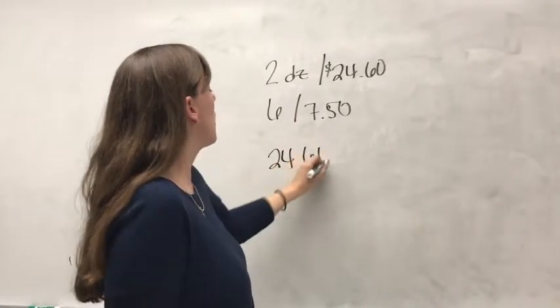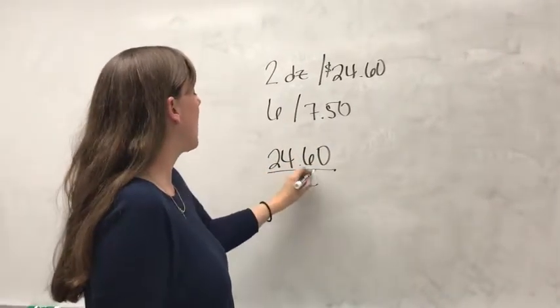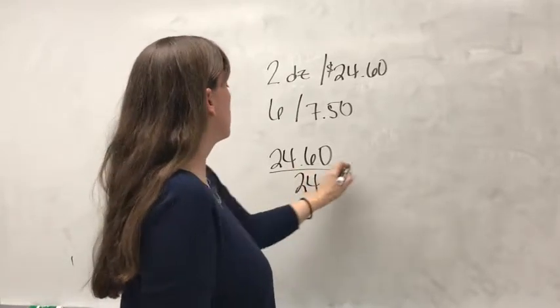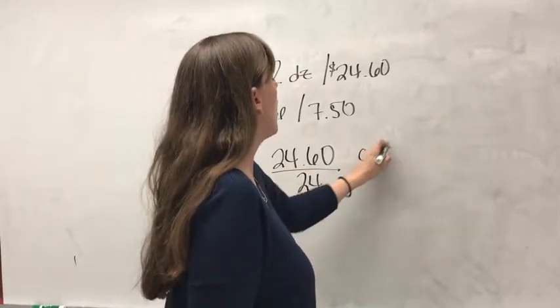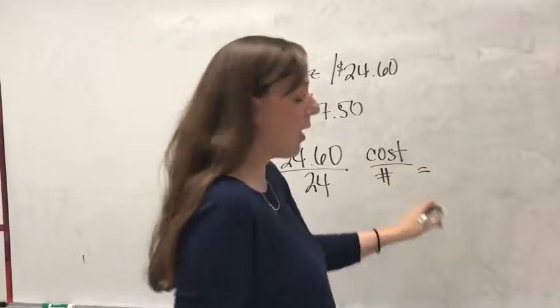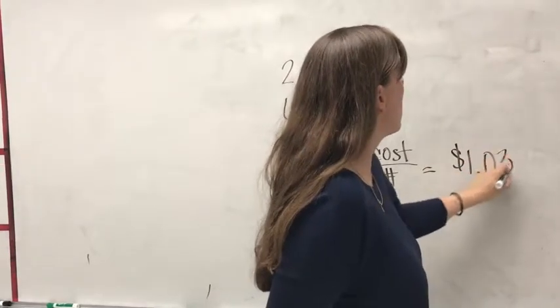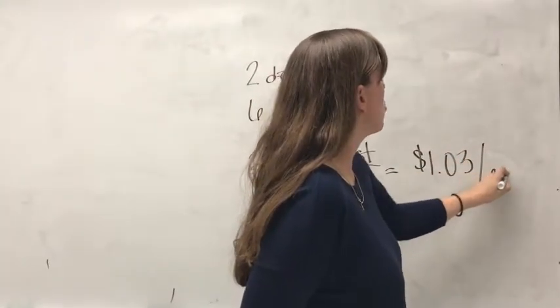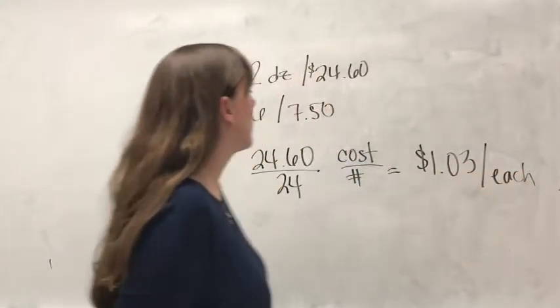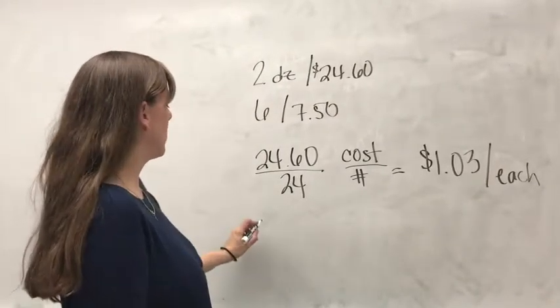So we're gonna do 24.60, the total cost, divided by 24. So it's cost divided by number, and that's gonna give us $1.03 each, okay? That's for the Main Street florist, okay?